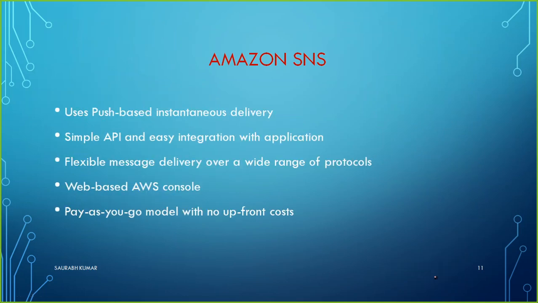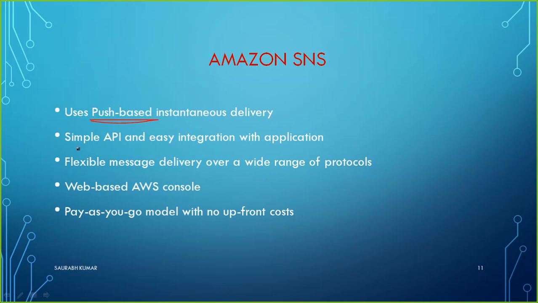Next point about Amazon SNS is that it uses push-based instantaneous delivery. So keep your focus on the words push based. Amazon SNS always pushes the notification. It sends, it throws the notification. We also call it by some other term, which I am going to explain in the next slide.